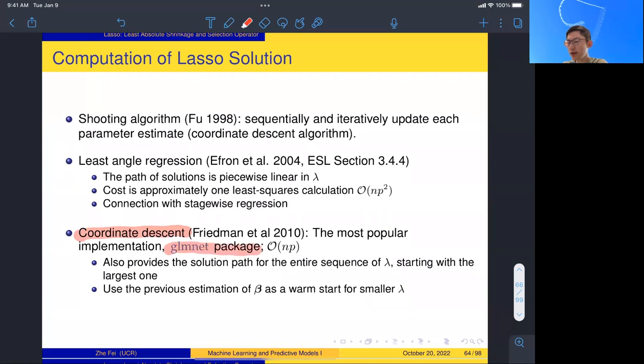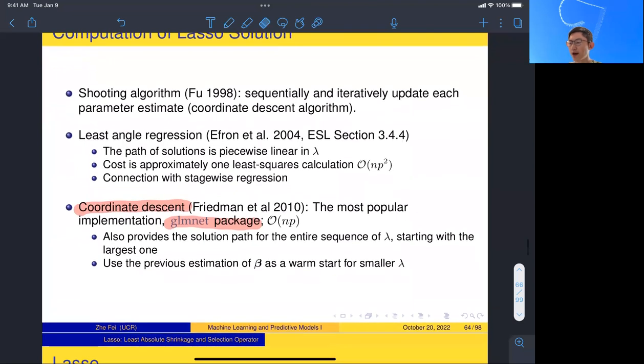It is implemented in the glmnet R package. So the glmnet R package is the mostly used package for solving penalized regression or all these shrinkage methods, and it is computationally faster.